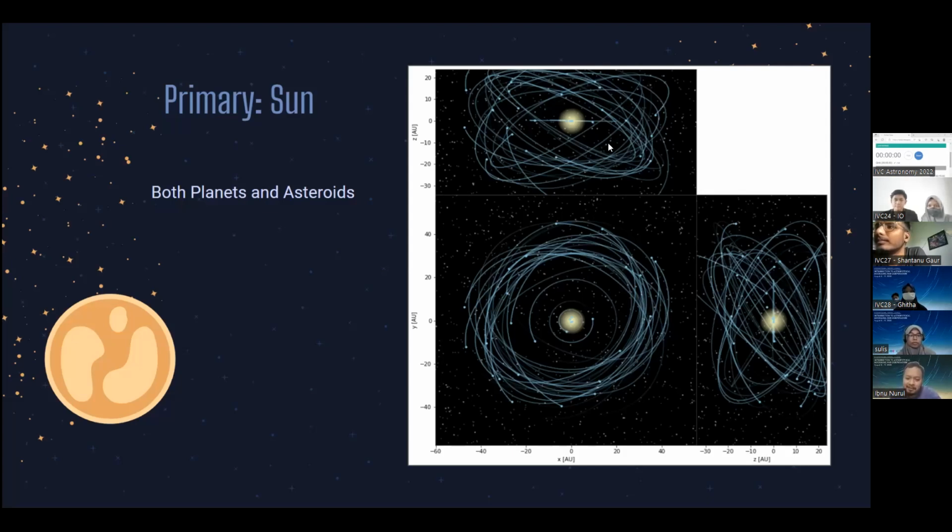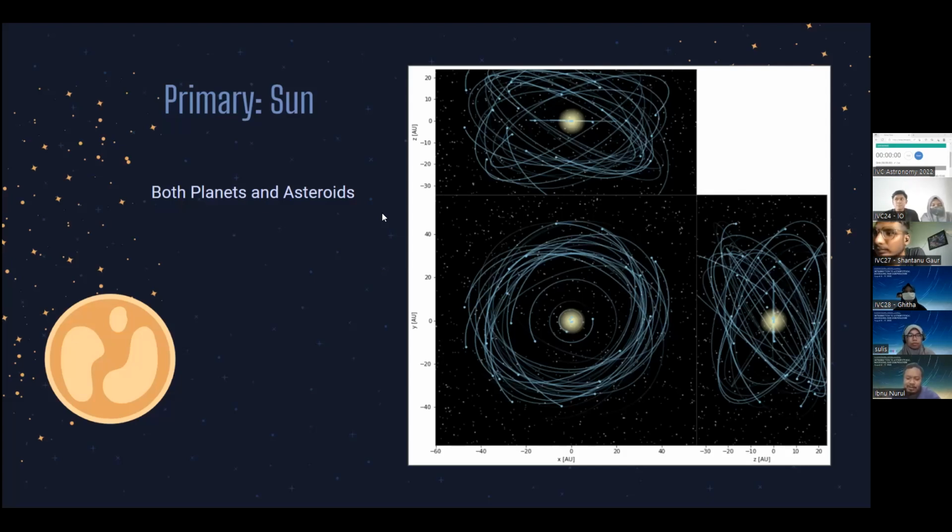As you can see, for example in the figure, some of the asteroids move inward toward the Sun, and some others go outward toward the outer solar system. In this evolution of the semi-major axis, we can see clearly that this asteroid goes inward toward the Sun.